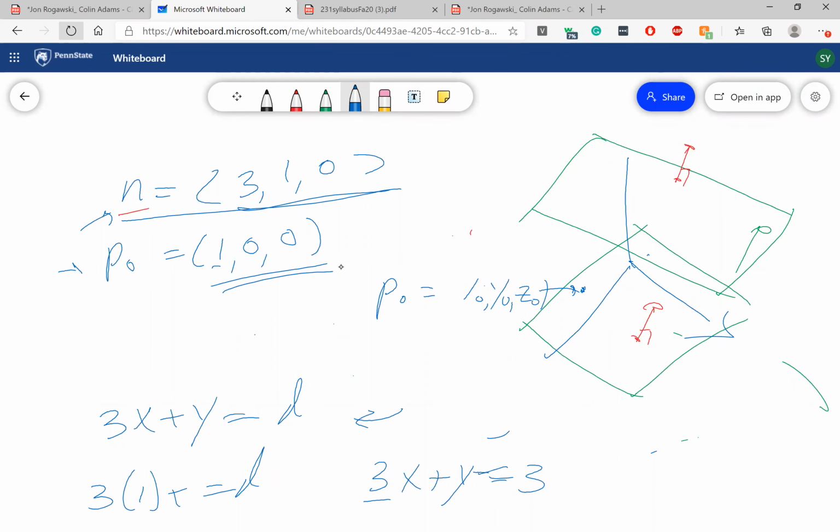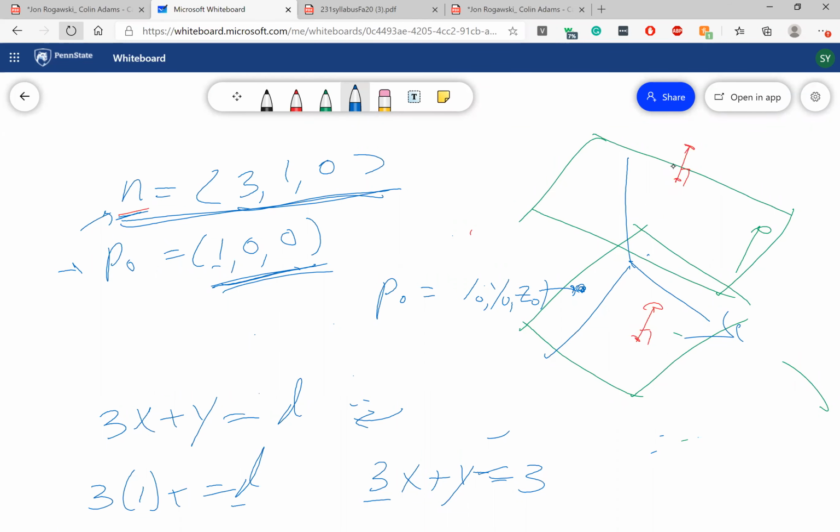Yeah, so when you read off the coefficients for the normal vector, you put them in front of the x, y, and the z. And then in order to figure out your d, you can take the point they give you. Whenever you have a plane, you need a normal vector and you need a point that the plane contains.